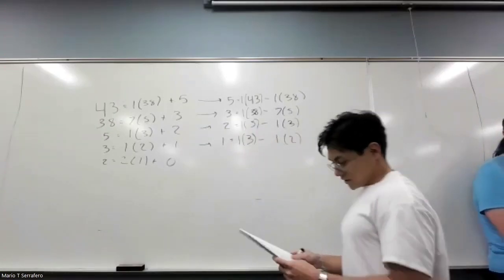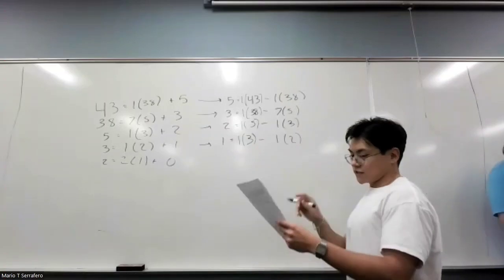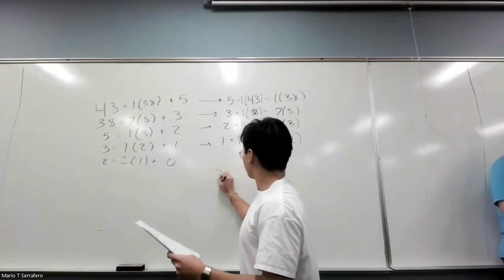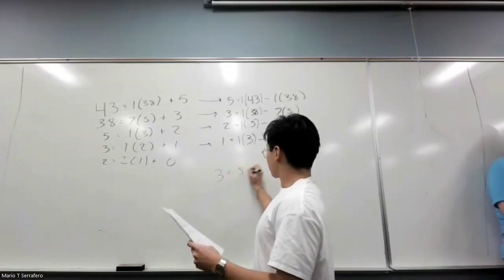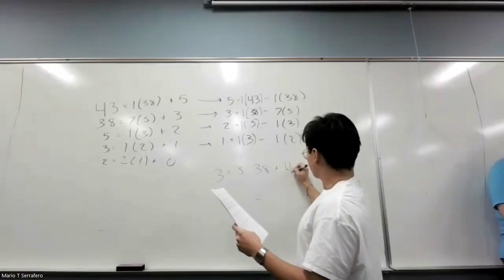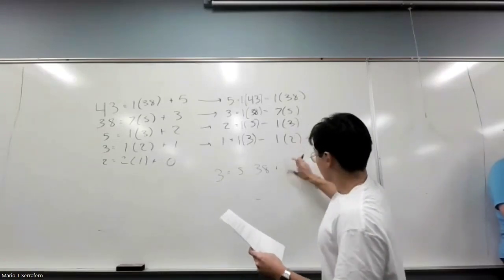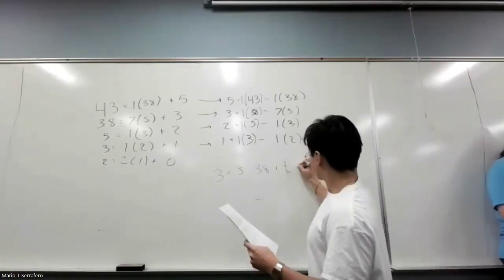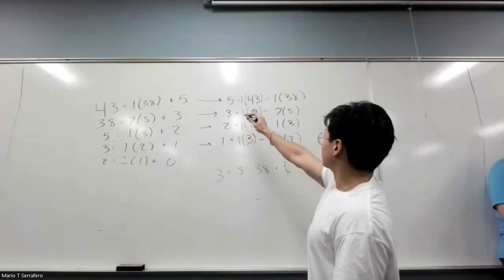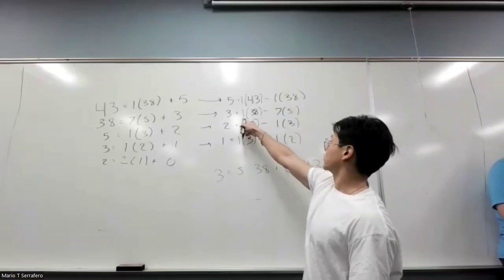All right. So the question says, you guys have this, I don't need to read it out. We're trying to find 3 equal to s times 38 plus t times 43. So we have 3 equals something up here, and this looks like an s.